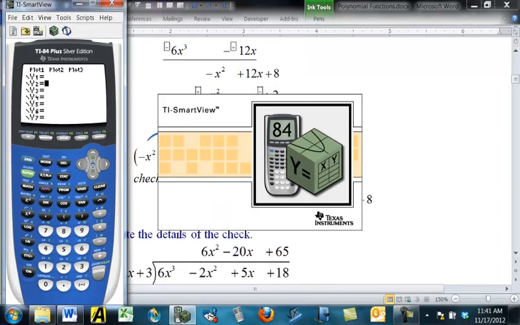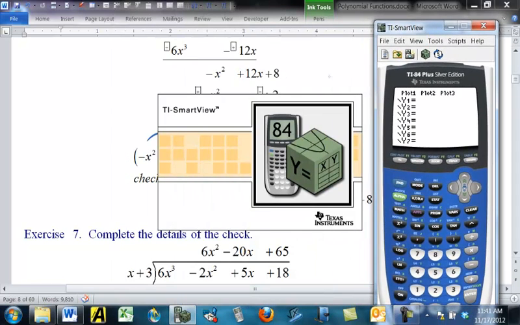Okay, so we can let y1 be one side there.